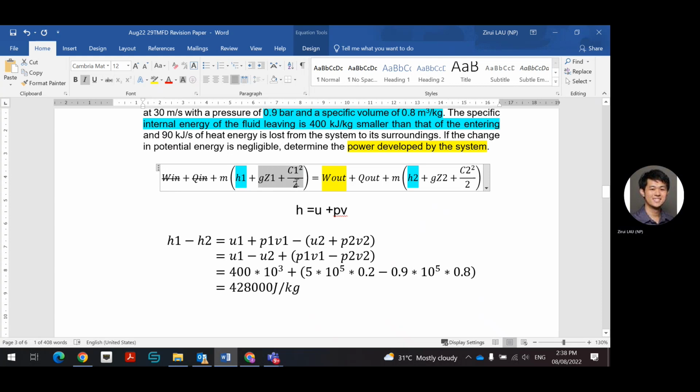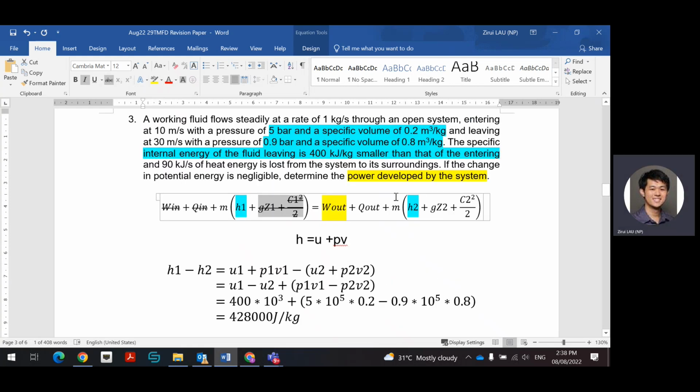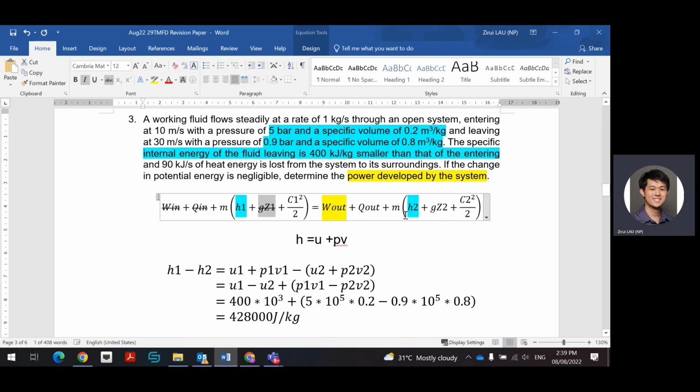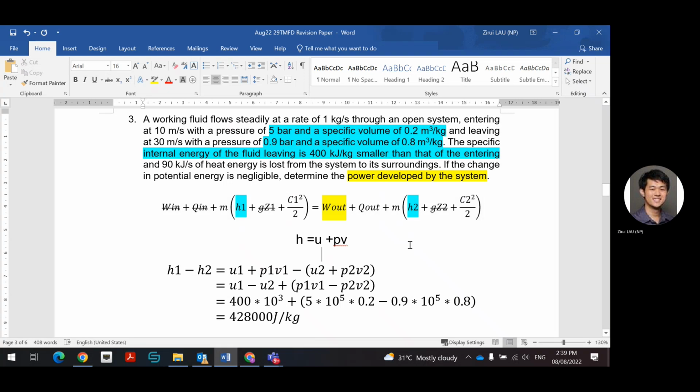Kinetic, have or not? Kinetic have, they got a speed difference: one is 10, one is 30. So we can only cancel away the potential. Q out, have. Q out is the heat loss, 90 kilojoule heat loss. So the terms we don't have, cancel off.